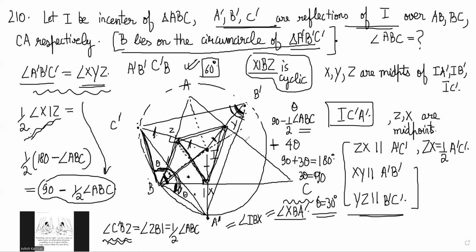ABC is an obtuse angle triangle. The answer is 60 degrees. Yes, sir.